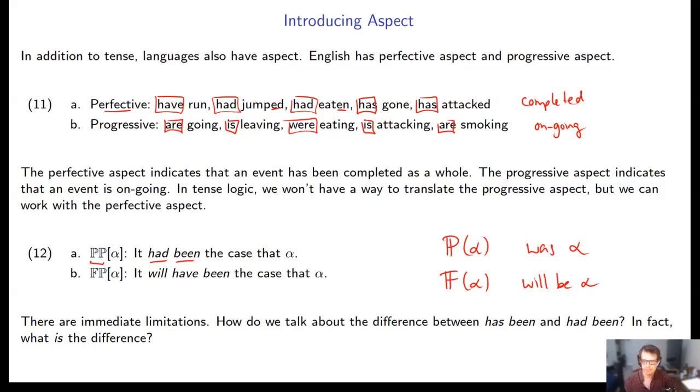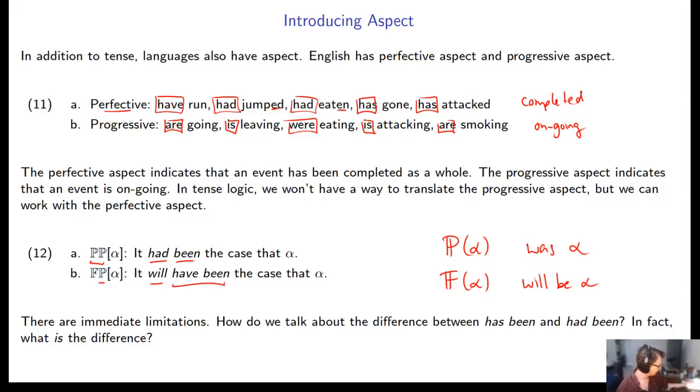So if you say have run or had run, then you'd say past, run. So in the past, running happened. If you want to say will have been, so will have been, you'd say future past alpha. So future is the will, and then have been is the past.